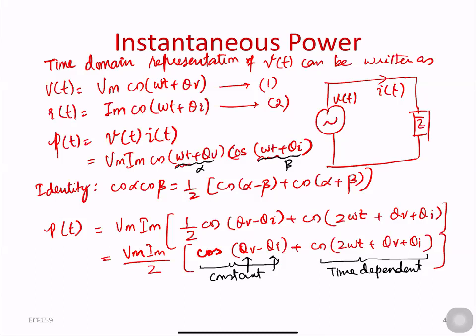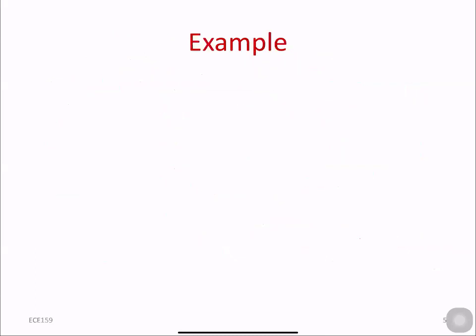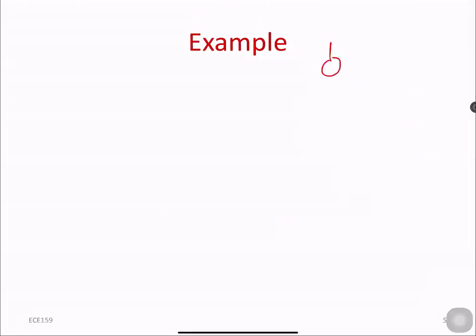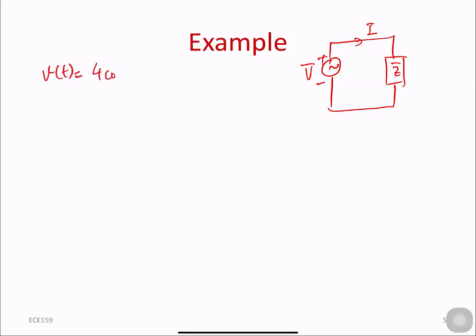For example, if we have a network which is an AC signal, I will now represent it with the values of voltage and current. This is the current, and this is the AC voltage, an oscillating signal. Let's say the value of this voltage is 4 cos of omega t plus 60 degrees.